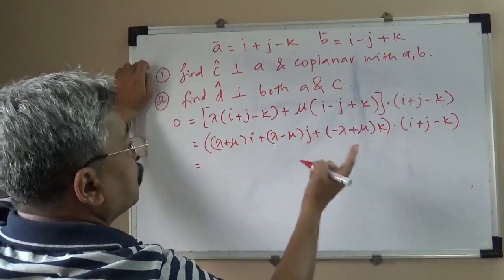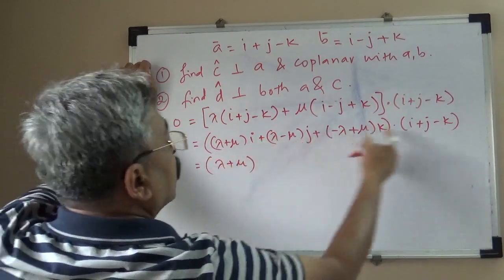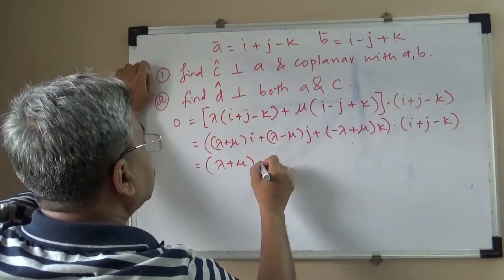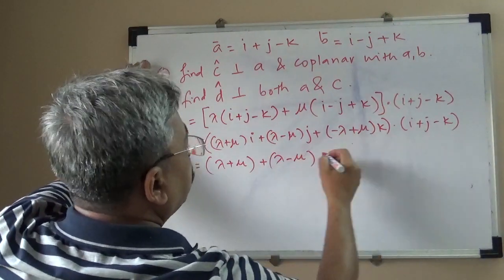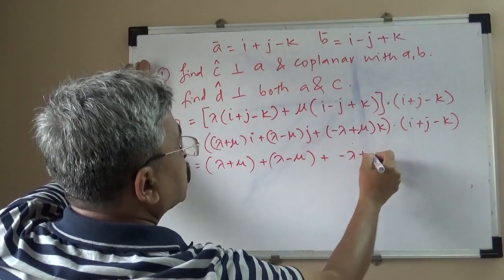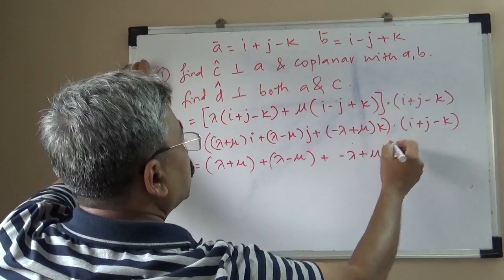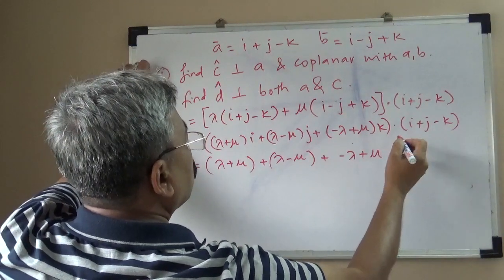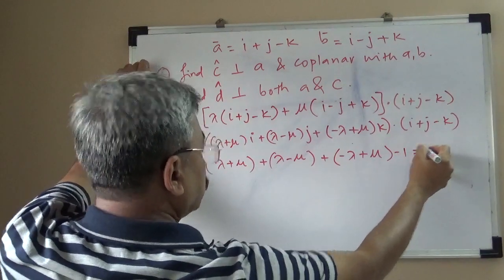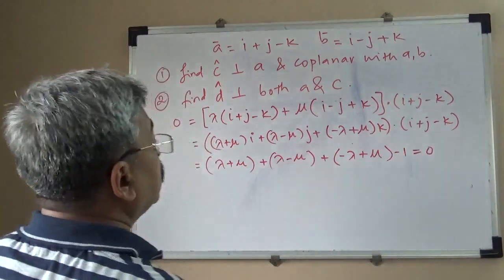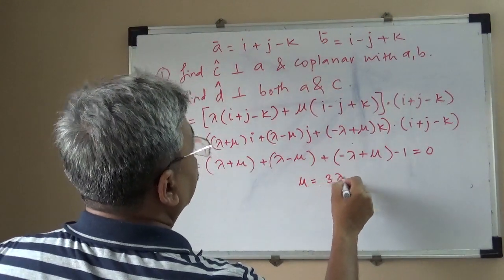Now if we take the dot product, then (lambda plus mu) i dot i, plus (lambda minus mu) j dot j, plus (minus lambda plus mu) times minus 1, should be equal to 0. If we evaluate this, then we get mu is equal to 3 lambda.